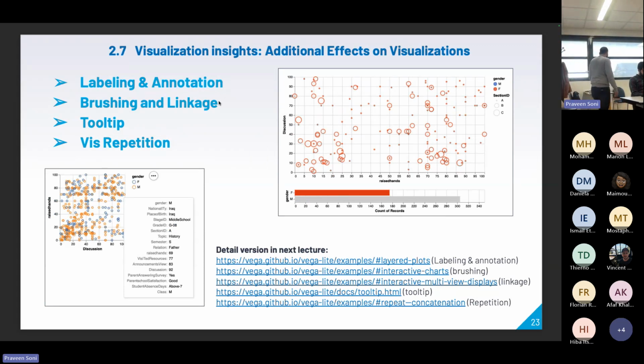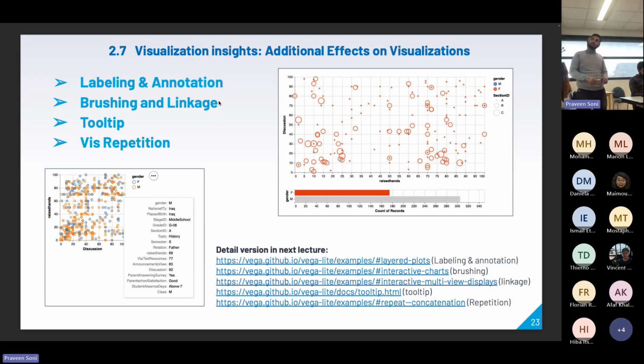These were some complex visualizations, and here are some additional effects on visualization, like labeling and annotation, brushing and linkage, tooltip, and visualization repetition.